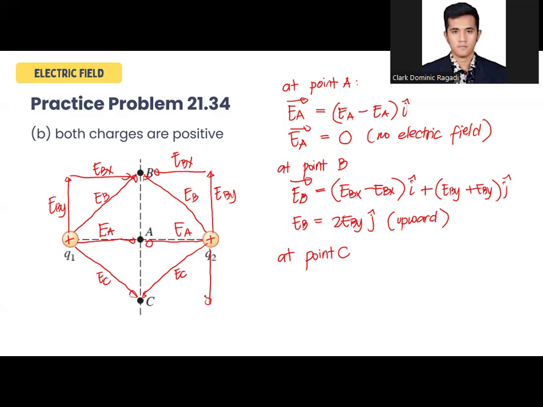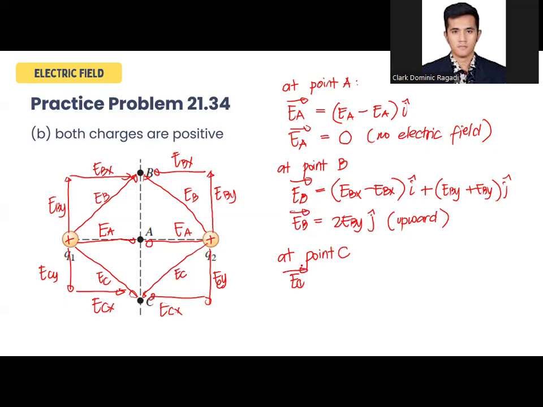We have this Y component, ECY, and this X component, ECX. Same on the other side: we have ECY, and then this one is ECX. Okay, so we can now solve for EC.